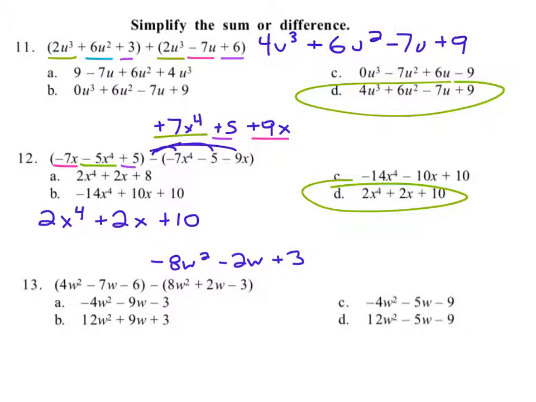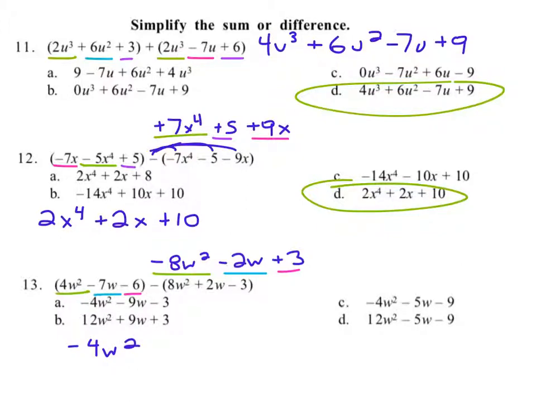So let's take a look at what we've got in common. We've got w squared terms and w squared terms there. We've got w terms, and we've got constant terms and constant terms to combine. So let's combine the w squared terms. We've got 4w squared in the first one, and negative 8w squared. So that becomes negative 4w squared.